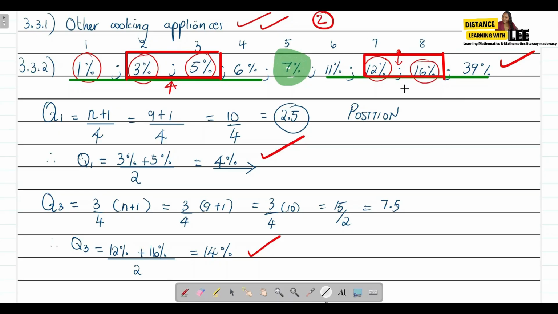So to get our Q3, we add 12% plus 16% and divide that by 2. That is how you can look at it practically if you don't get the formula. But if the formula works for you, you can continue with it. I was just showing you another way to help you determine Q1, Q2, and Q3.